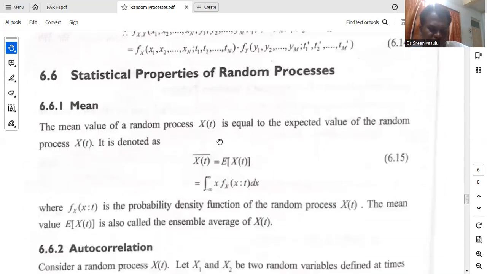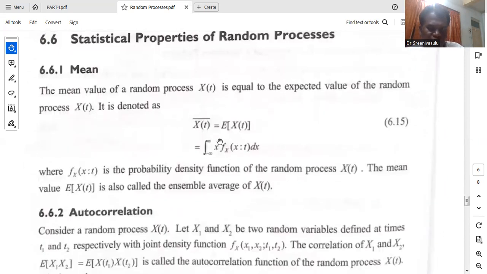Next one is statistical properties of random process. Statistical properties generally mean mean value, moments, and variance. Here generally we are going with mean and moments. The moments we are going to calculate here are correlation.